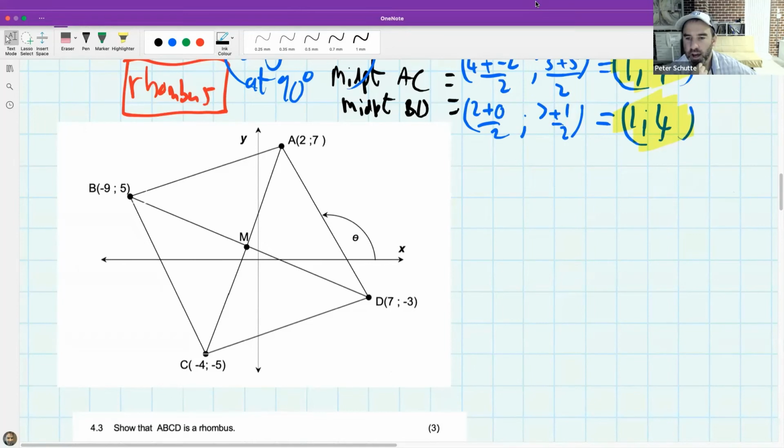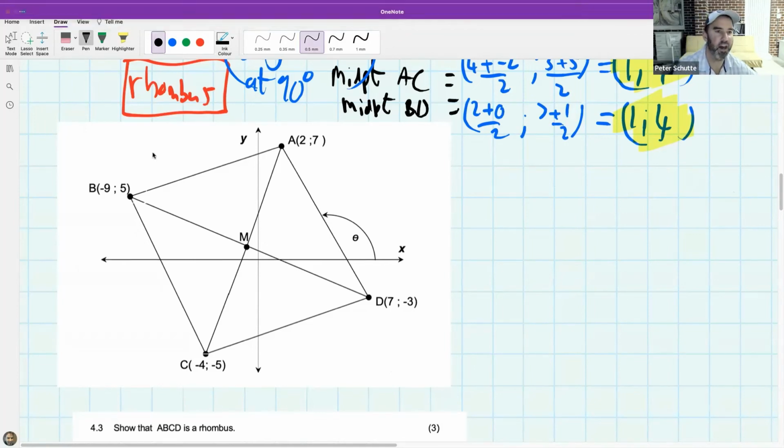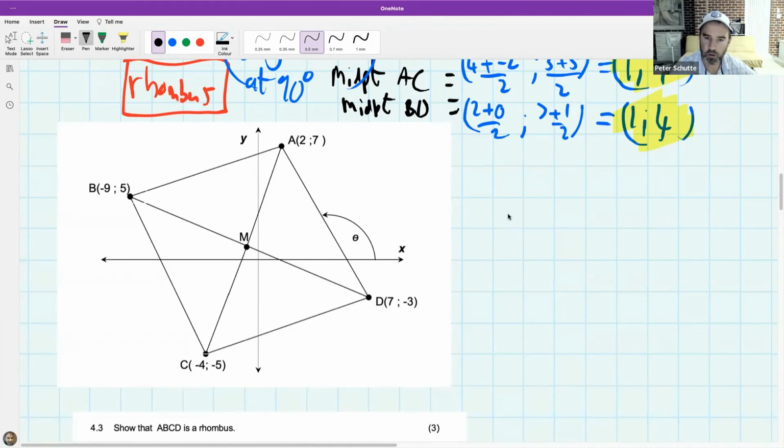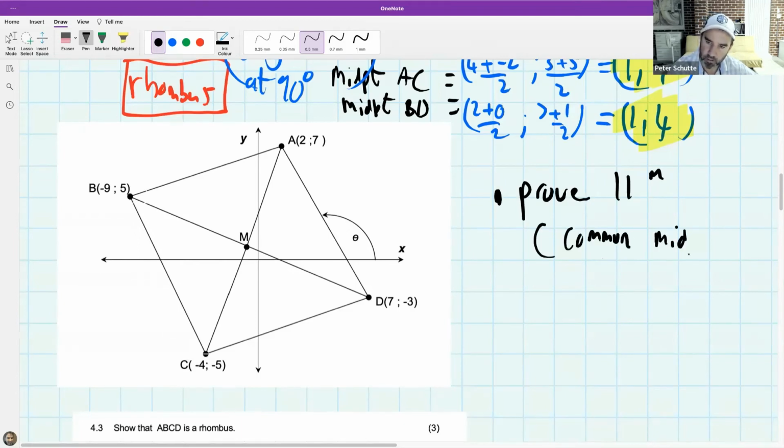Let's do it. So how can you prove that the diagonals bisect at 90? Is there a method? Okay, yes, there is, Dawn. What you first do when you're proving a rhombus is you first prove it's a parallelogram. And the way we did that was to find common midpoints on the diagonals.